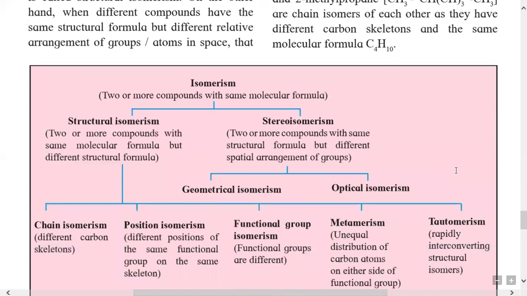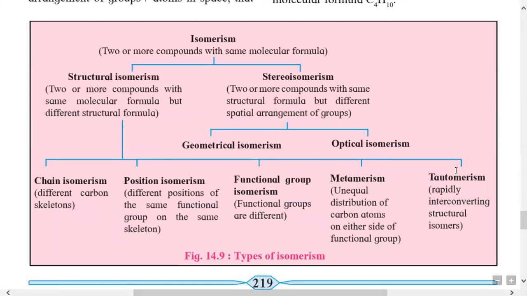We will just revise this first, and then I will explain all these types in detail.